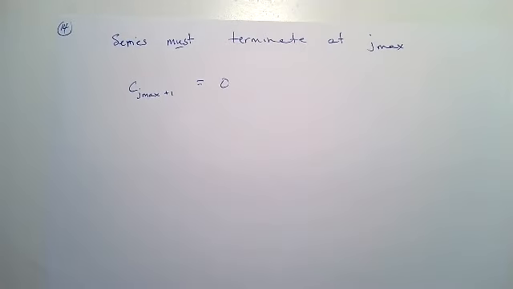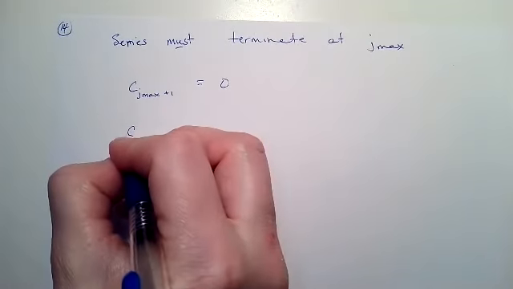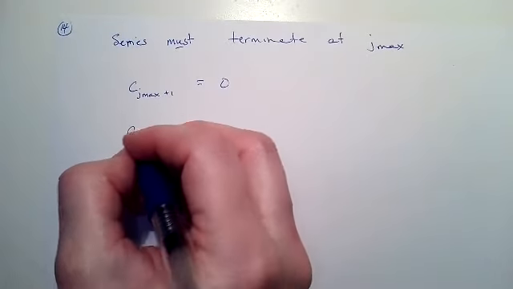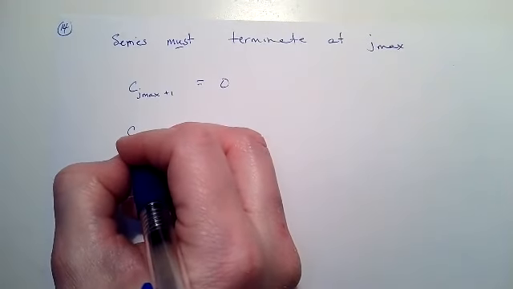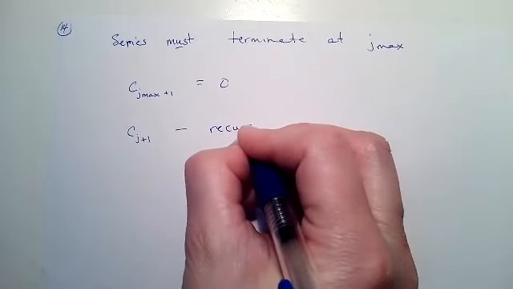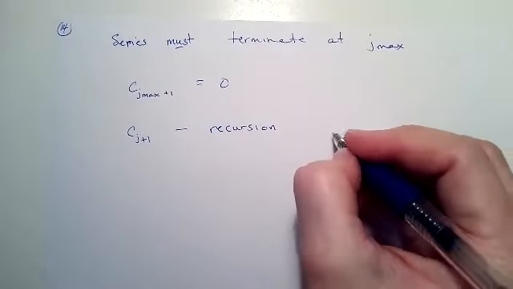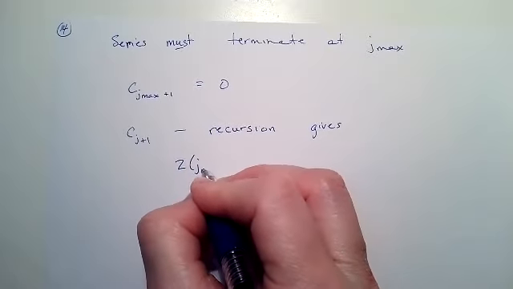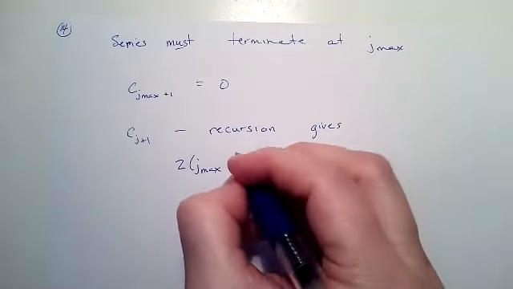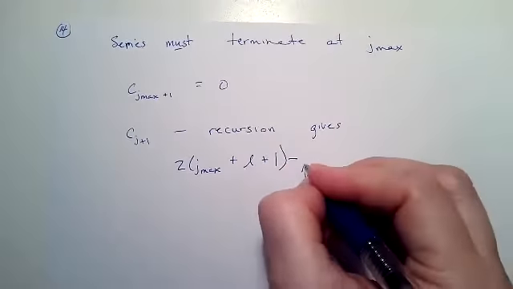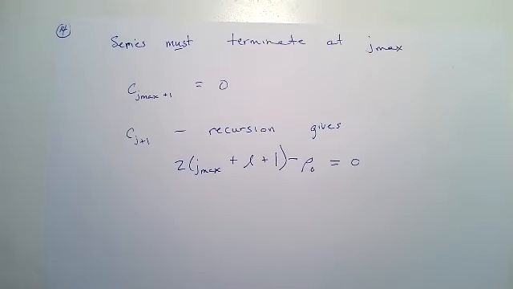Okay, so if our previous equation for C sub j plus 1, our recursion formula, gives 0 when we try to go one more, that means we're going to take that recursion formula and we're going to say that when we put in whatever this maximum value is, we need to get a 0.